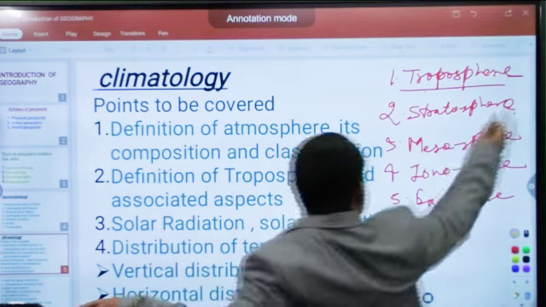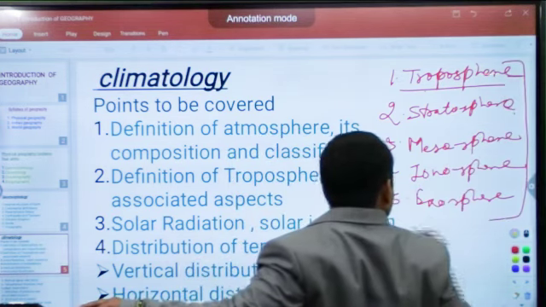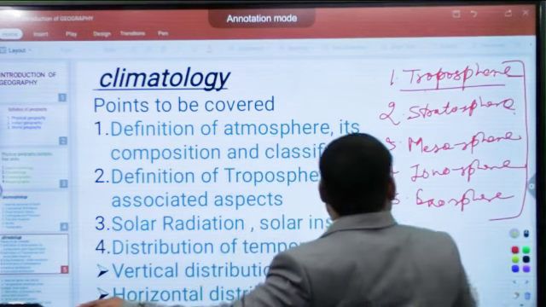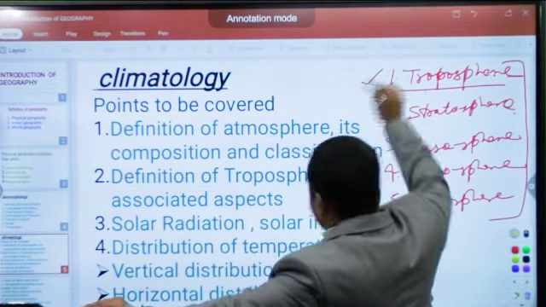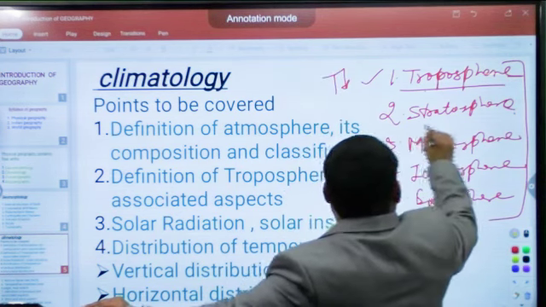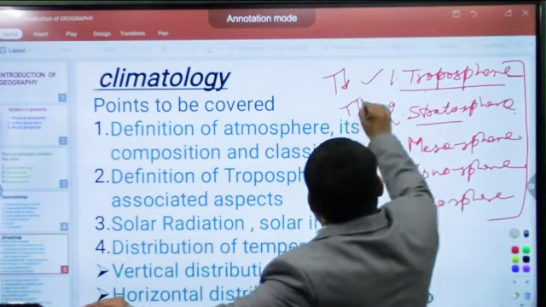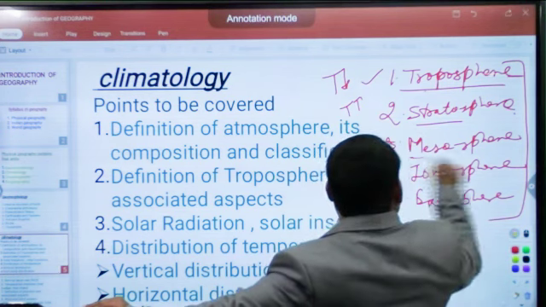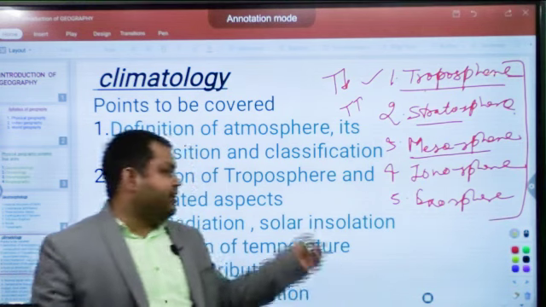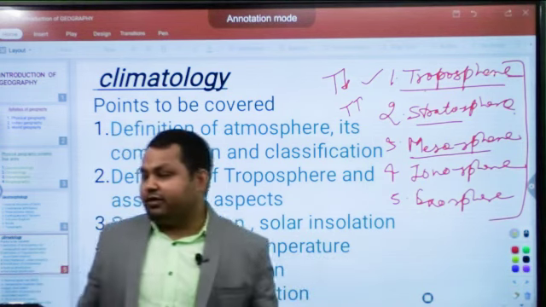So this is the classification of the atmosphere. In troposphere, temperature decreases with height. In the stratosphere, temperature increases with height. In mesosphere, again temperature decreases with height. In ionosphere and exosphere, temperature increases with increasing altitude.